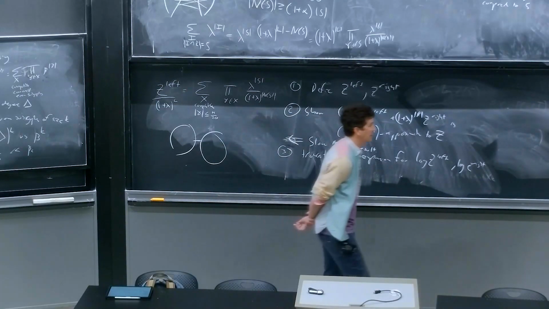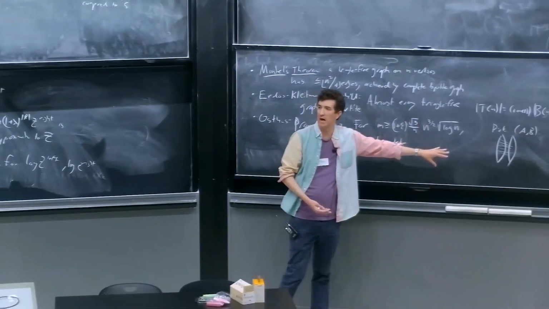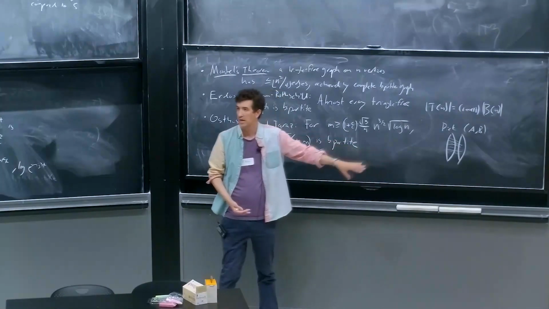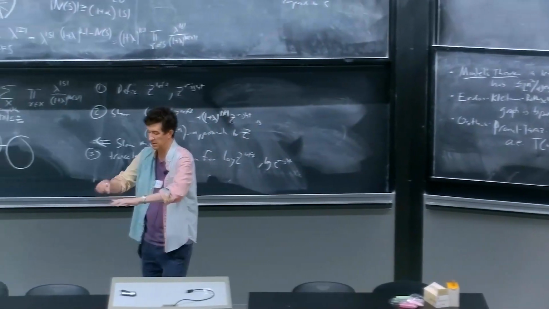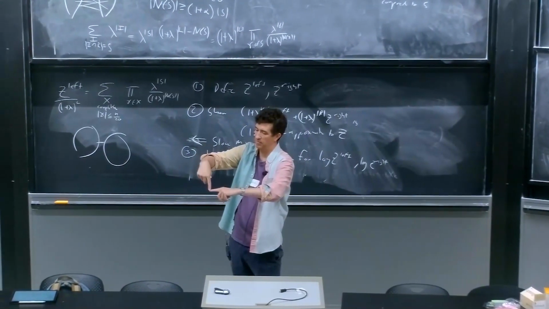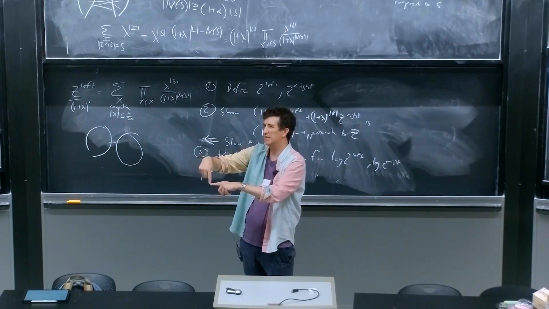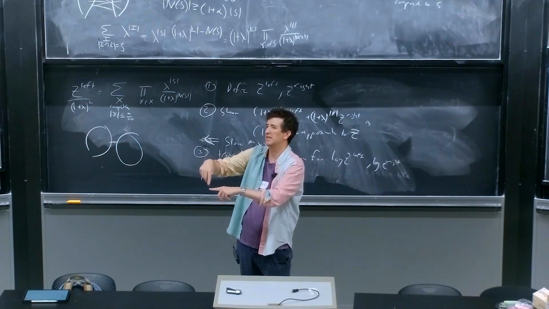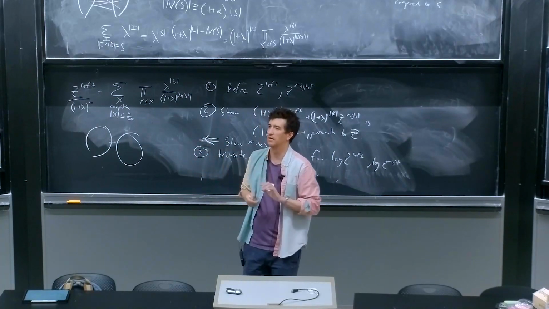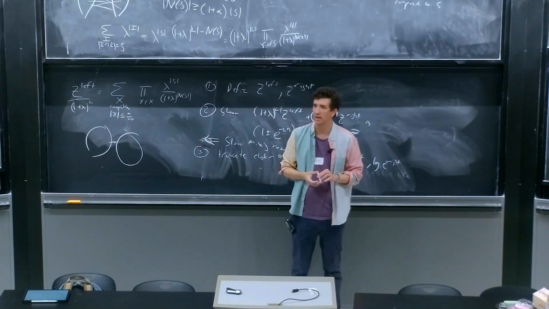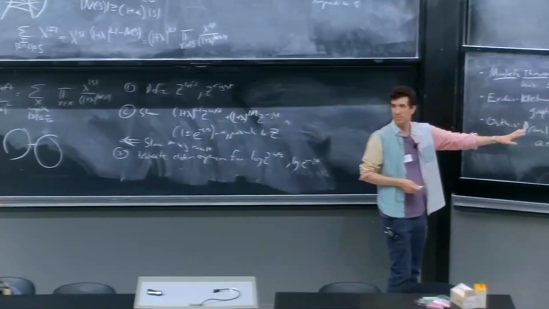Some triangle-free graphs can arise from more than one partition. What's the probability that a graph could arise from more than one partition? You need a vertex to be able to be put on either side, so it has to have degree 0. So it's something like 2 to the minus n over 2. That's the relative error. Yeah, good question.